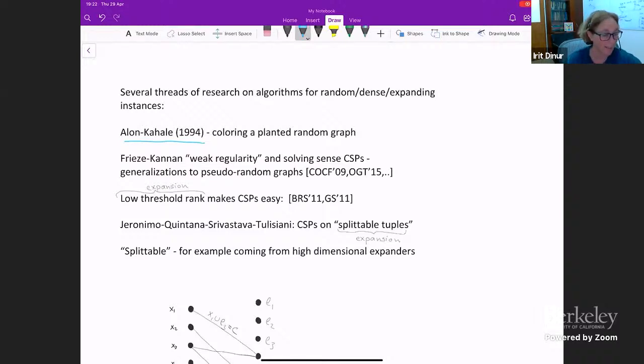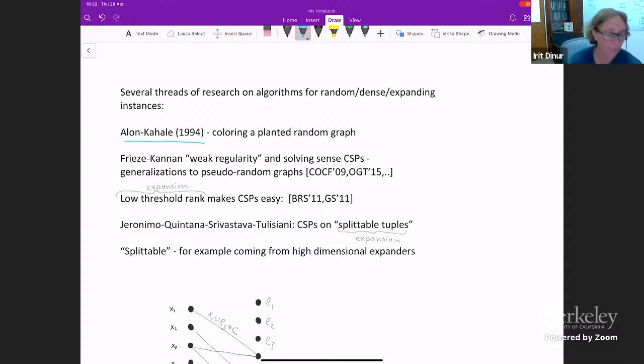And the interesting thing is that there started to be generalizations from dense. Dense means that you have almost n-squared edges. But it turns out that if the graph is an expander, it behaves like it is dense. So there are some algorithms that use this to solve 2-CSPs. When I say 2-CSP, I mean like coloring, where the CSP is really on pairs. And this gives some thread of algorithms.